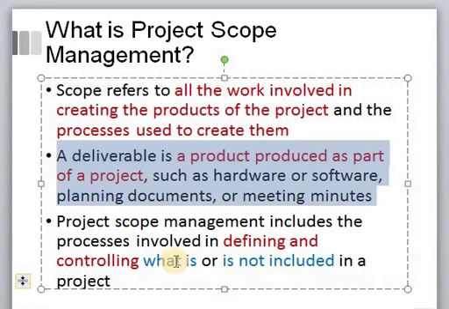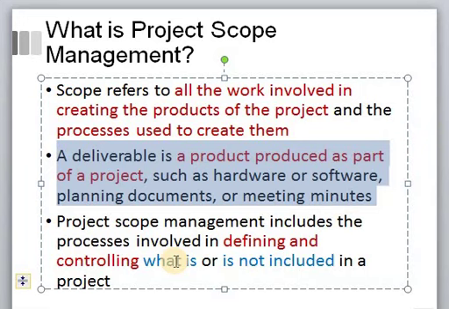A deliverable is a product produced as a part of a project, such as hardware or software, planning documents or meeting minutes. So basically a deliverable is an outcome that can be produced as a part of the project process.